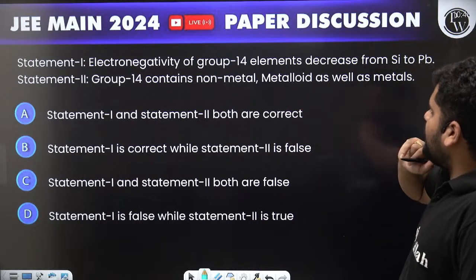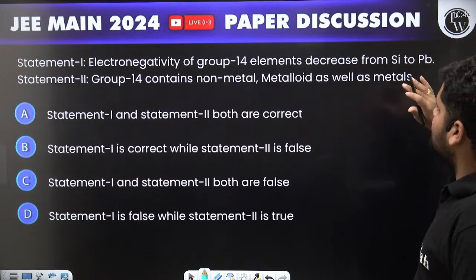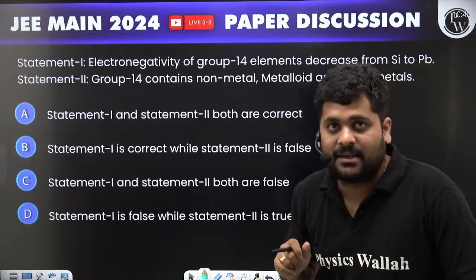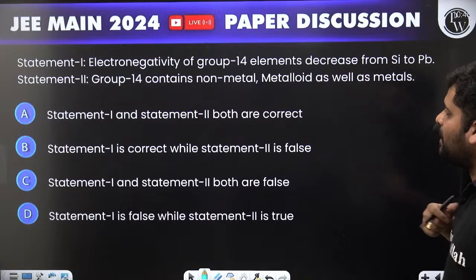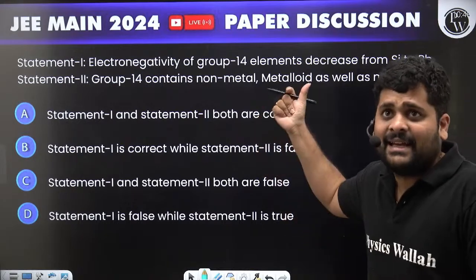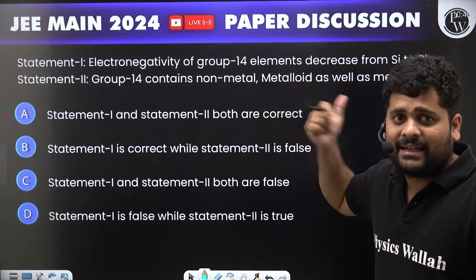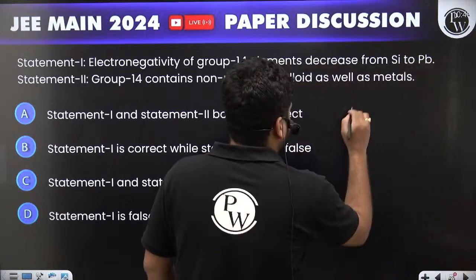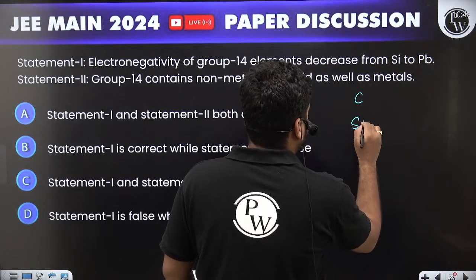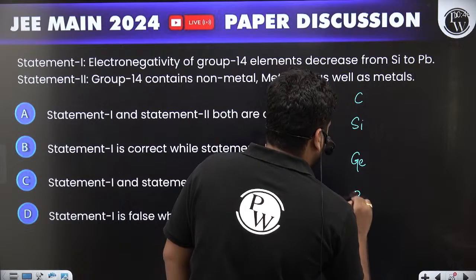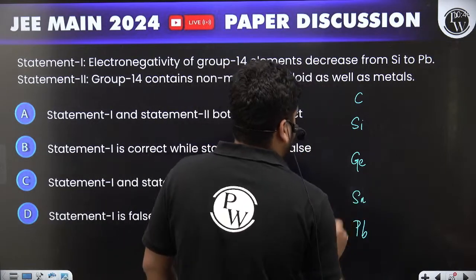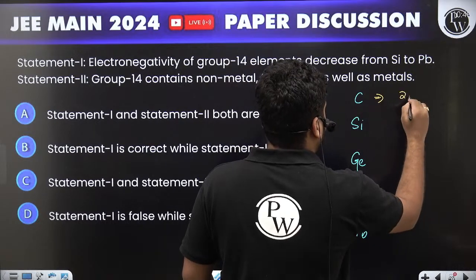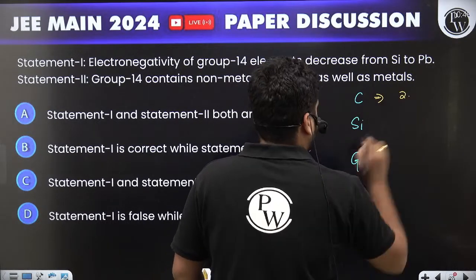Electronegativity of group 14 elements decreases from silicon to lead. That is statement number 1. Now this has been asked from P block class 11. Again, it is directly from your NCERT textbook. See, we have carbon, silicon, germanium, tin and lead. Now if you look at the electronegativities in the table, carbon's electronegativity is 2.5.